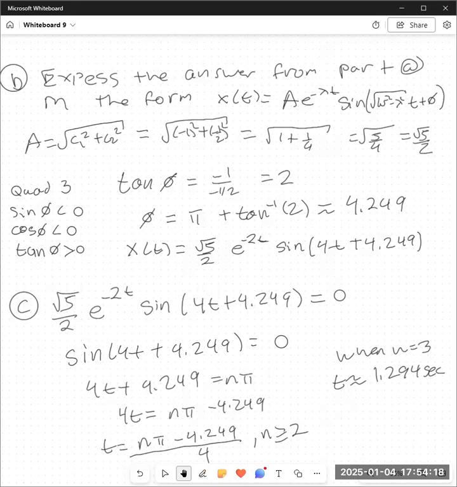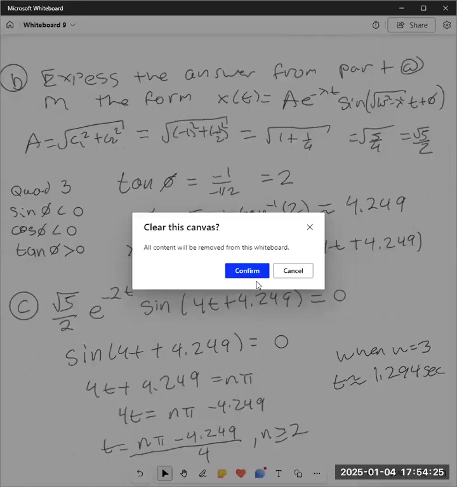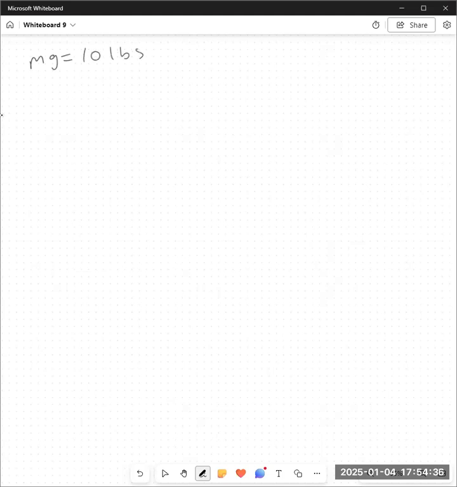Number 31 will be our last one in this particular section. It's just kind of a summary of everything. So a mass weighing 10 pounds is equal to 10 over 32 slugs, which is equal to 5 over 16 slugs.